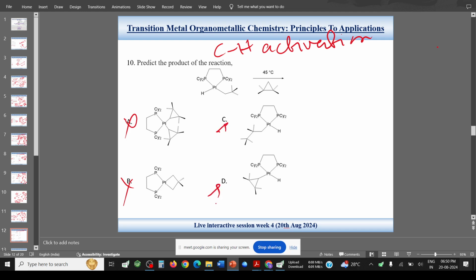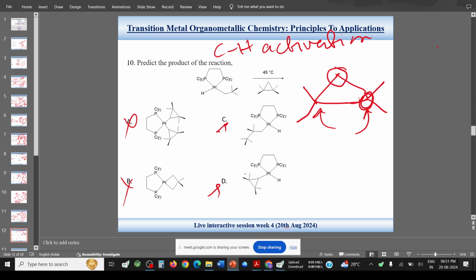If it is forming a hydride, that means it will extract an H from this system. Here you can see it is substituted with methyl, and here it is also substituted with methyl. So these two points do not contain any hydrogen. The only possible way to activate the hydrogen is this CH2.